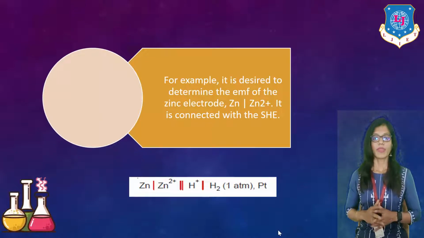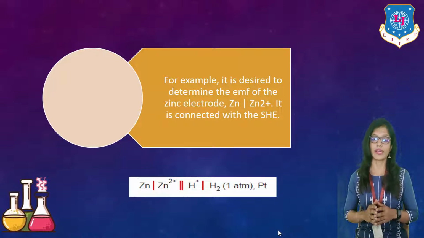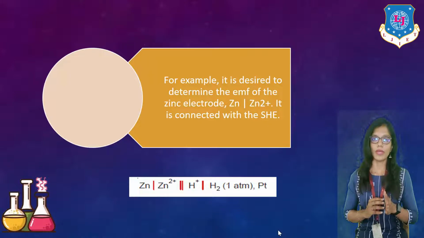For example, it is desired to determine the EMF of the zinc electrode. So Zn | Zn2+, and that particular half cell is connected with the SHE. So how can we write that? This is an electrochemical cell's representation. Understand it very clearly, everyone. Zn | Zn2+, so zinc is in connection with Zn2+. We put the symbol of the salt bridge there.